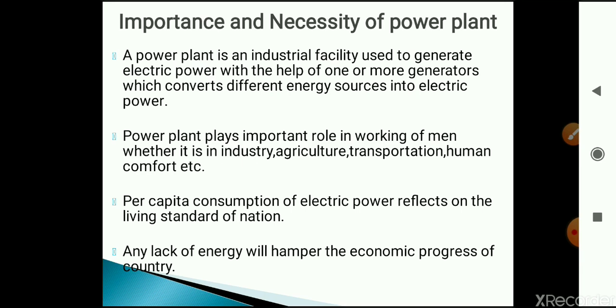And next point is lack of energy will hamper the economic progress of a country. So the problems of load sharing affect the commercial sector, industrial sector, or agriculture sector, and collectively it affects the development of the nation.